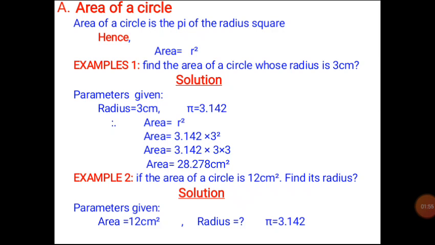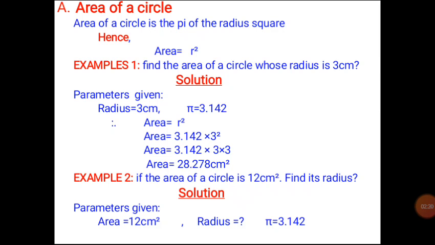Now, for example 1, find the area of a circle whose radius is 3 centimeters. Solution. First, you have to know the parameters you are given in a particular problem. We have the radius as 3 centimeters and pi is equal to 3.142. So therefore, the area is equal to pi r squared, which is 3.142 times 3 squared.